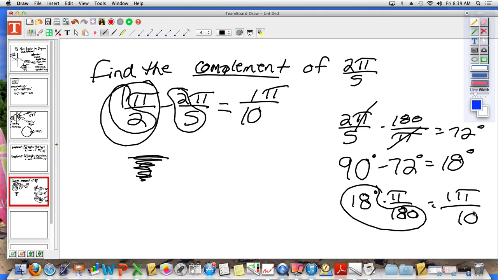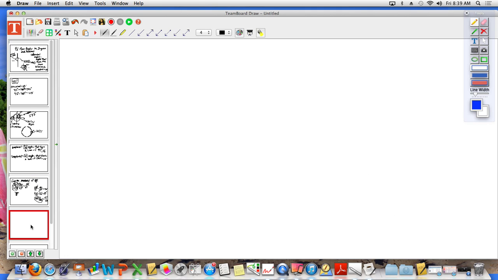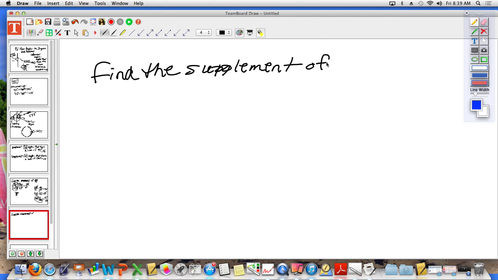All right, I want to show you one more example, and then we're done with the examples. I want you guys to find the supplement of 7 pi over 8. Supplement, what does that mean? 180, which really means pi.